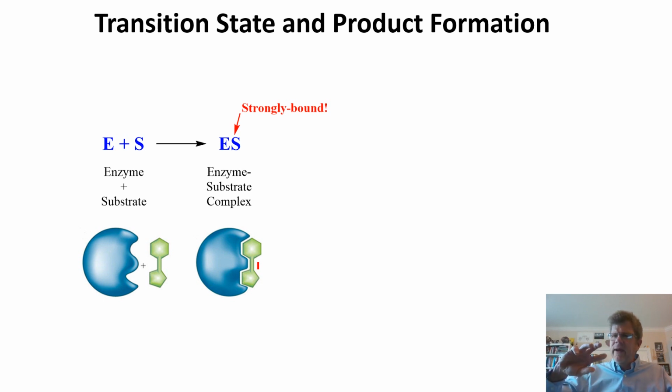So at some point, we're not the substrate anymore, we have become the product, and we're going to look at that midpoint, if you can imagine a midpoint between the change from a starting material to a product. This is sort of an ethereal concept and a little bit hard to think about. But this is what we would term the transition state in an enzyme-mediated reaction.